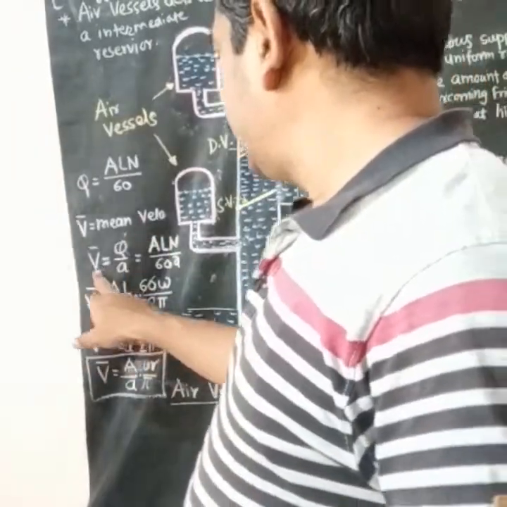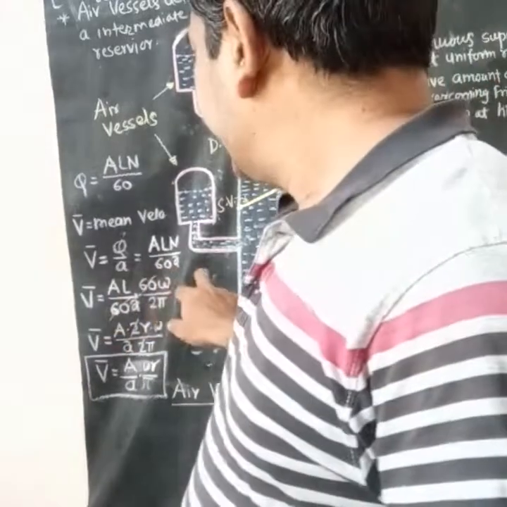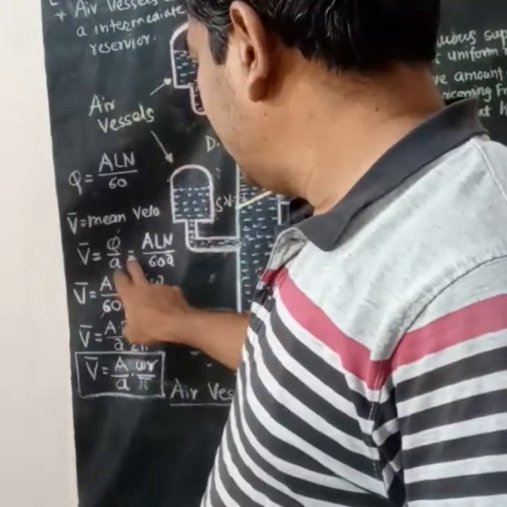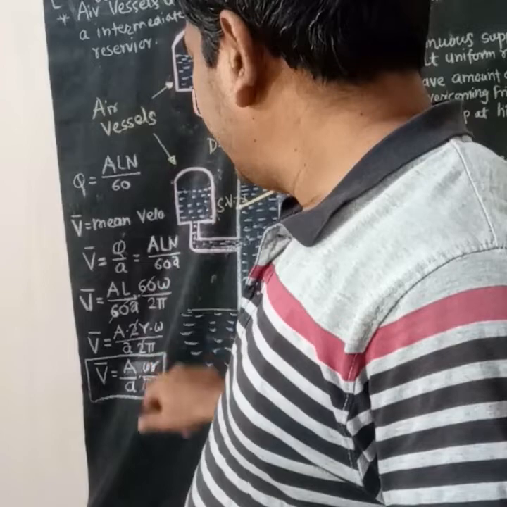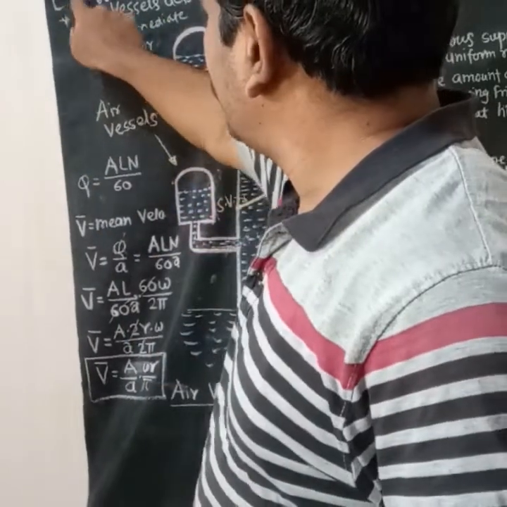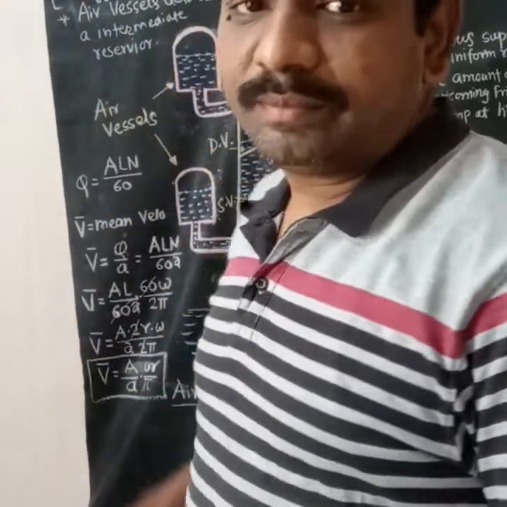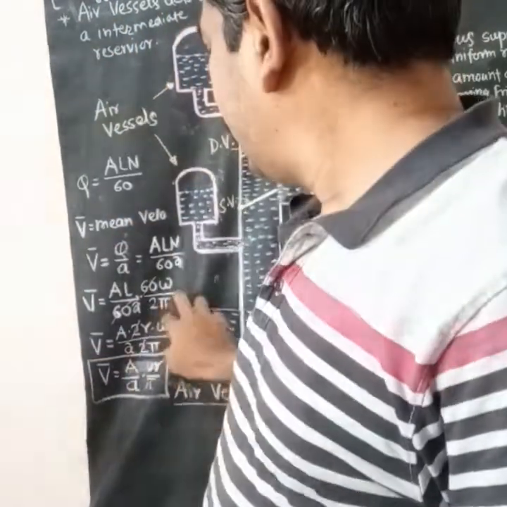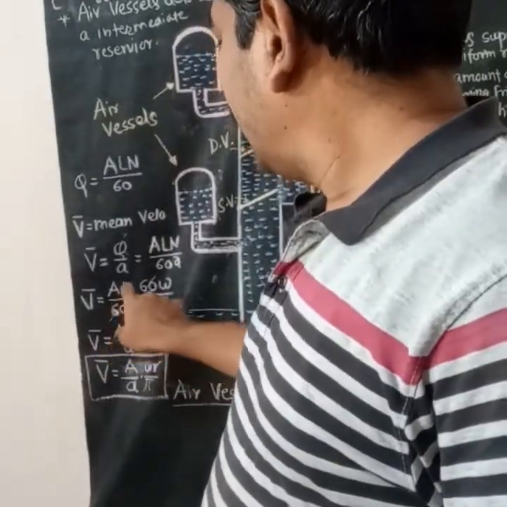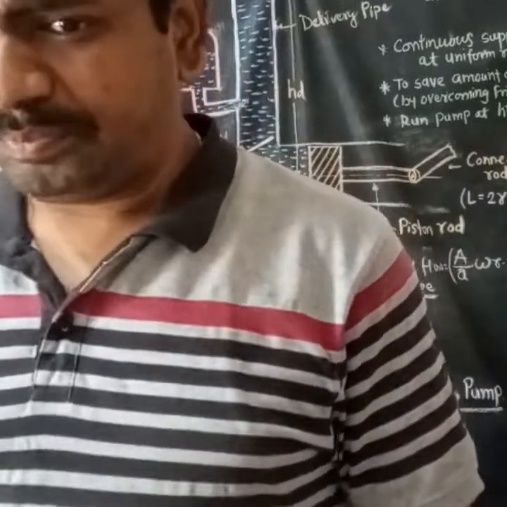So mean velocity simply represents the discharge upon the area of that pipe through which the fluid is flowing. So LAN upon 60A, but this n can be represented as omega equals 2 pi n by 60. So n will be equal to 60 omega upon 2 pi. I am putting 60 omega upon 2 pi over here, and the length of stroke, as you know, will be equal to twice r.